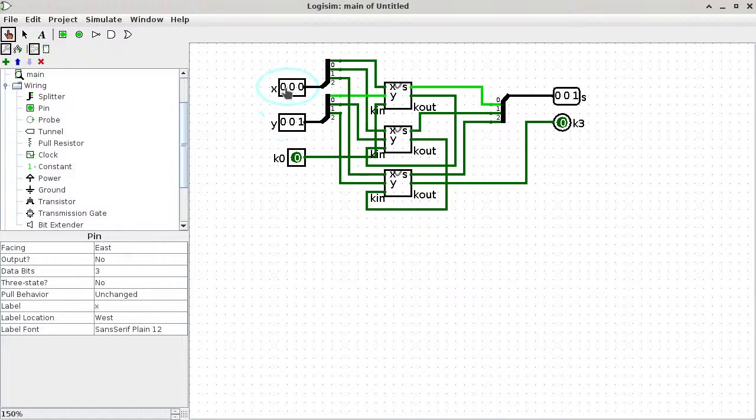Let's try to change it to 1, 0, 1, which is a 5 plus a 3. So 5 plus 3 is 8, right? But 8 cannot be contained in 3 bits because 8 is 1, 0, 0, 0 in base 2. So it requires 4 bits.